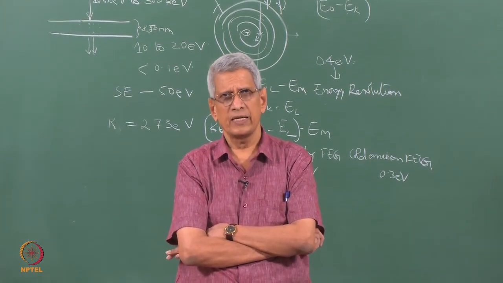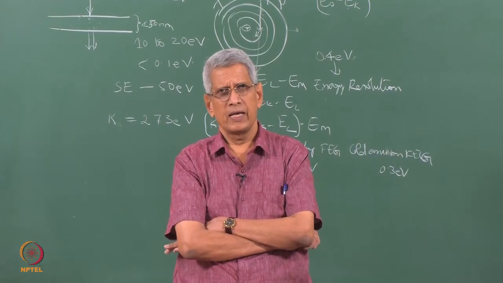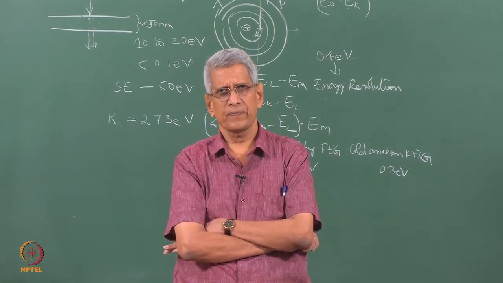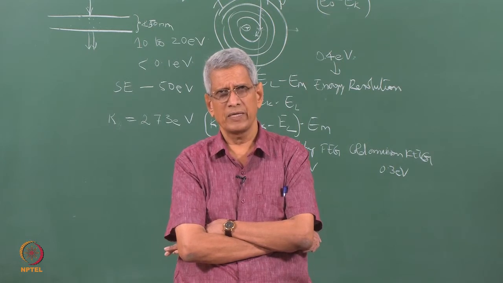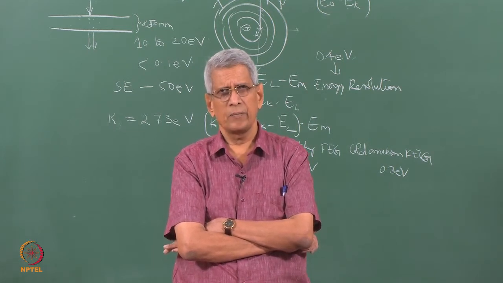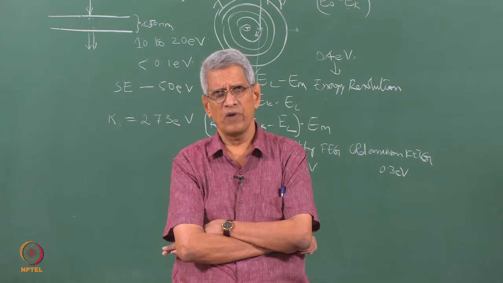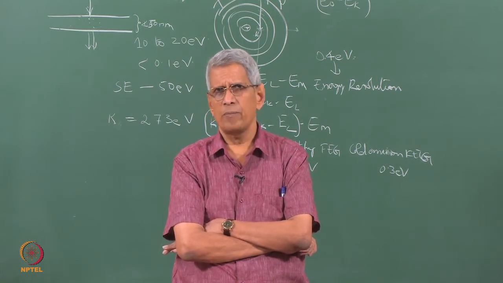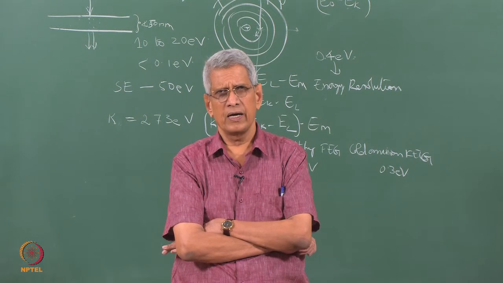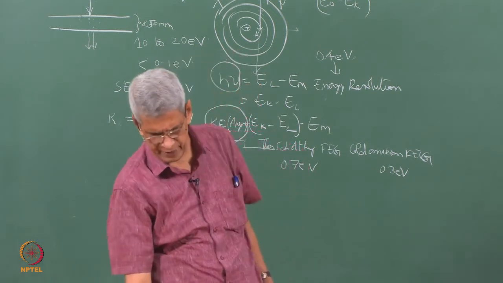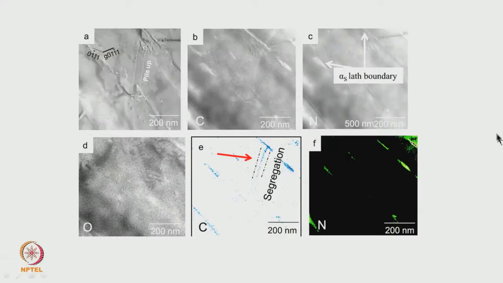Many samples which contain light elements, at temperatures which are above room temperature, many of these interstitial elements move very fast, and they can form an atmosphere around dislocations, because depending upon whether these interstitial elements give rise to a strain which is positive or negative, they can segregate to the strain field of the dislocation and form an atmosphere.